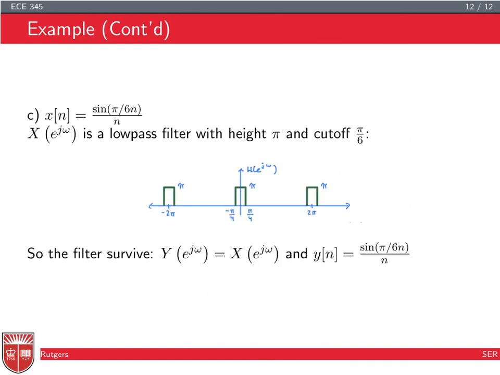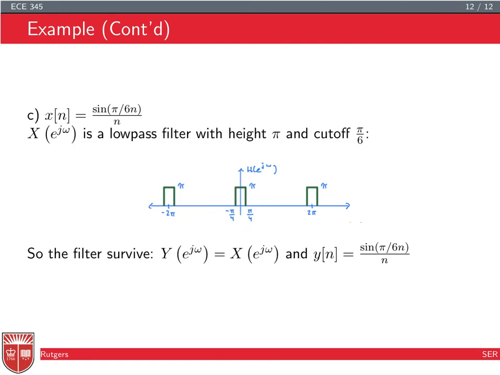Now if we take the last case, which is x of n equal to sine of pi by 6 n divided by n, if you find X of e to the j omega here, then again, whenever you see this sinc kind of function, in the frequency domain it's a low pass filter.